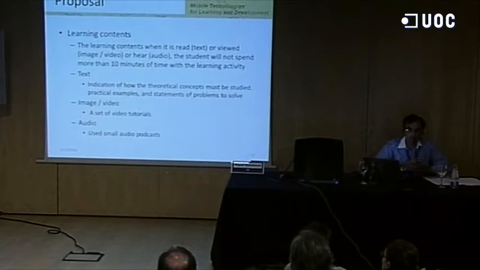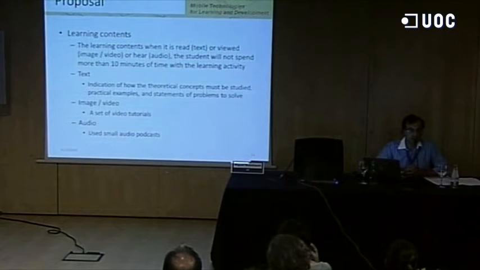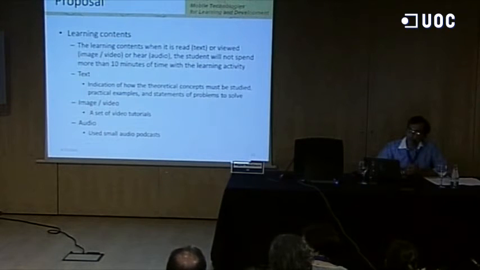Learning context, you try to keep a rule. All learning activities can't last more than 10 minutes. Why? Because the students will be distracted, and of course the financial costs and features of mobile devices, in particular battery lifetime. Text. What do I use text for?